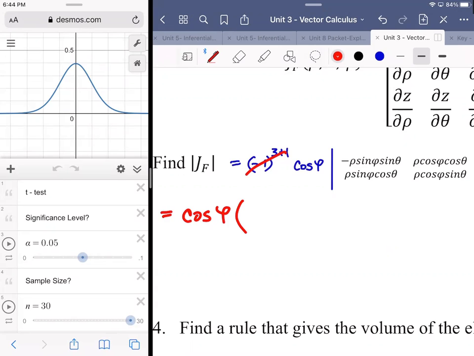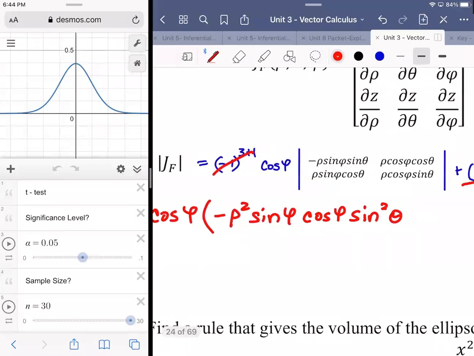I got diagonal down, negative rho squared. All right, so far so good. I got a sine phi, a cosine of phi, and a sine squared theta.